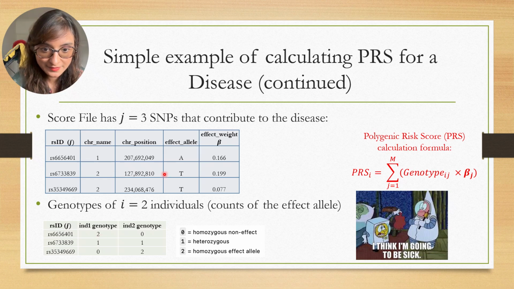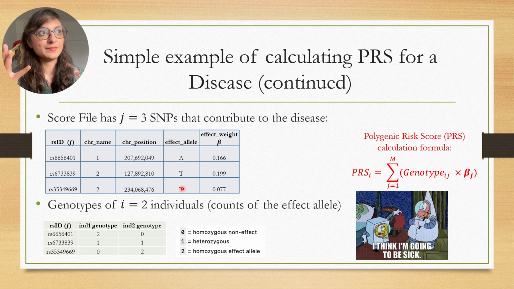It means they would have a T from one parent and the other non-effect allele from the other parent. And they have a 0 for this one, which means that for this SNP they do not have the effect allele T in their genome. They don't have the T on either of their chromosomes, because we have one set from our biological mothers and one set from our biological fathers. So that means they don't have the effect allele.